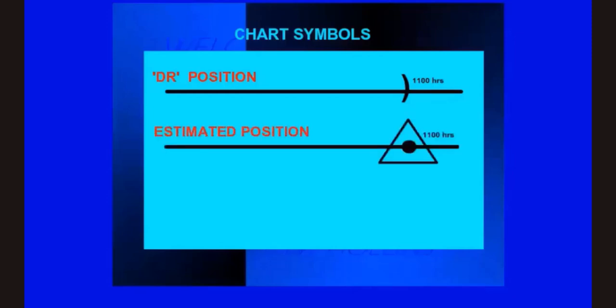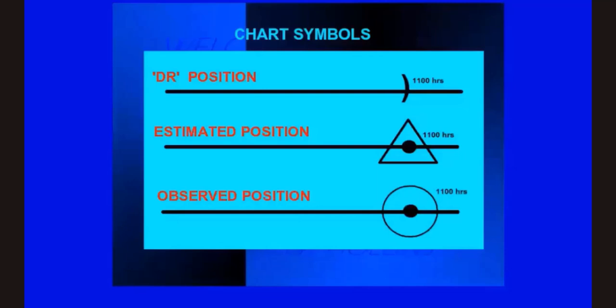This is a position which takes into account time, speed and distance, plus an allowance for tidal movements and leeway, etc. It's always marked with a triangle around the dot, marking the exact position. The third symbol is the observed position, the OP, one that is a definite fix, by taking 2 or more bearings on known objects. It's marked on the chart with a circle around the position.